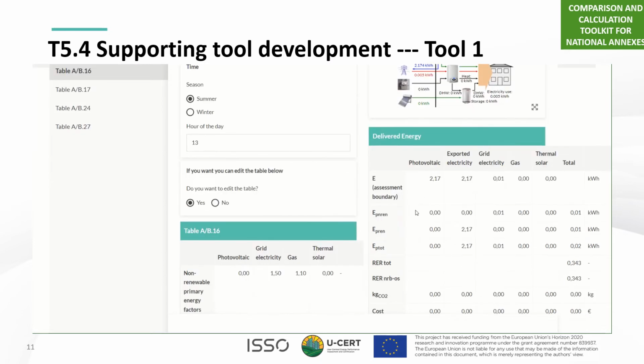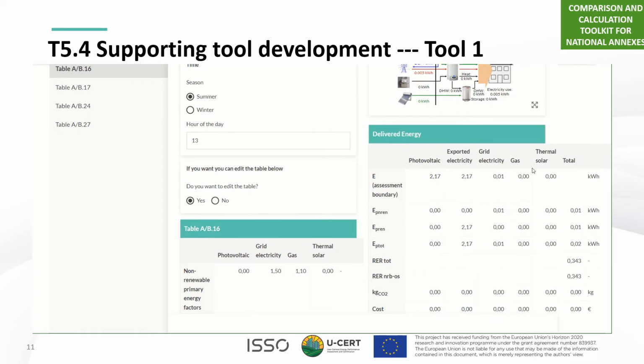Then, in this other row, we can find the value obtained by multiplying each value of each energy carrier by the corresponding weighting factor. While in this column, the one related to the total, we can find the final value, which is the result of the sum of all the values reported in the same row, for instance, in this one.